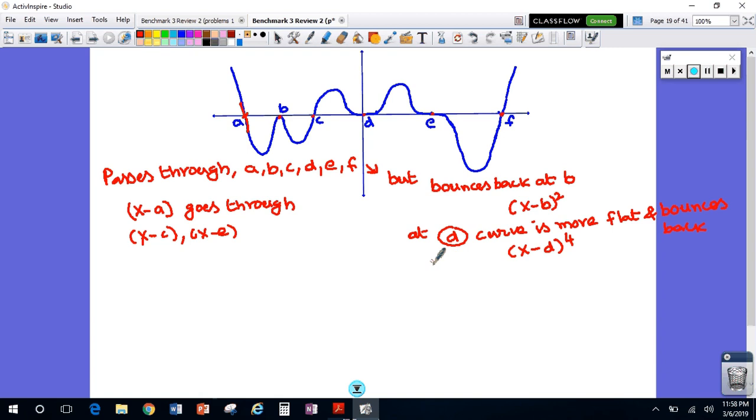Alright? Next. At E, the curve is flatter and it goes through.